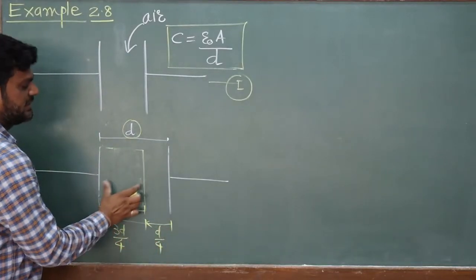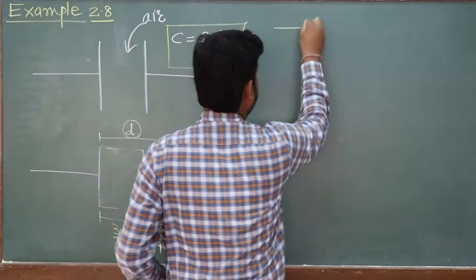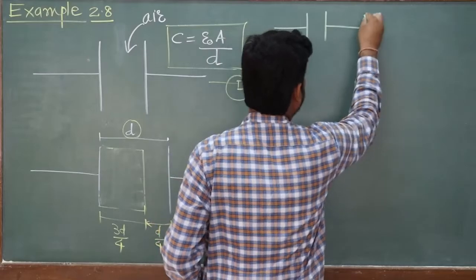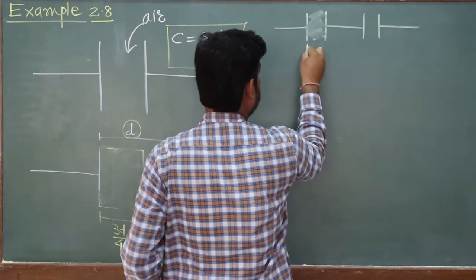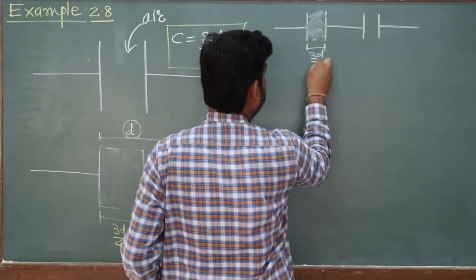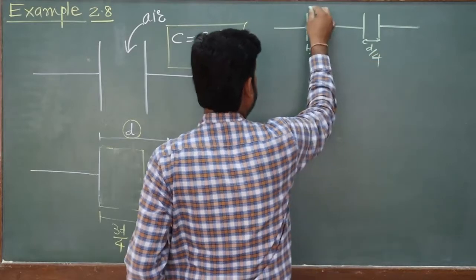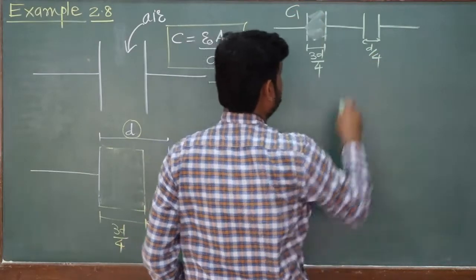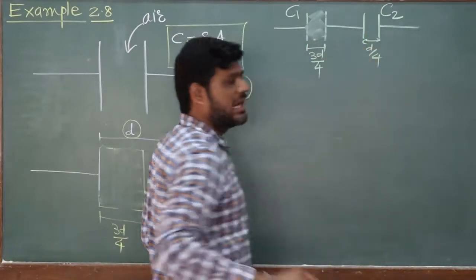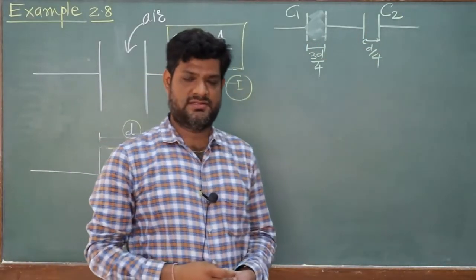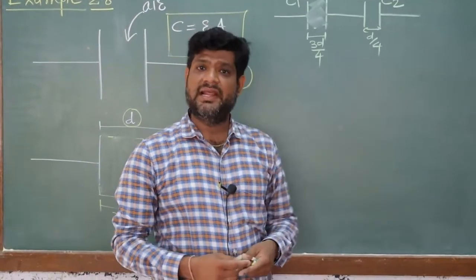This is the first capacitor, capacitor number 1, and this is capacitor number 2, where the dielectric material is introduced. The distance between the plates of the first is 3D by 4, and of the second is D by 4. Suppose the capacitance of the first capacitor is C1 and of the second is C2, and C1 and C2 are connected in series. Now what is the equivalent capacitance of such an arrangement?